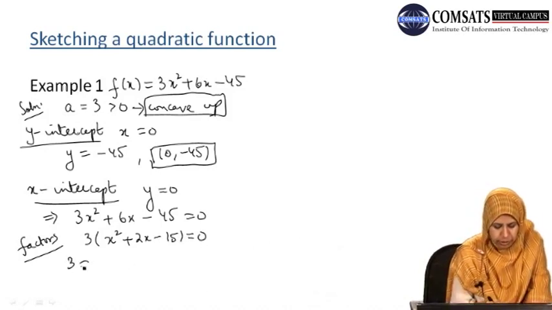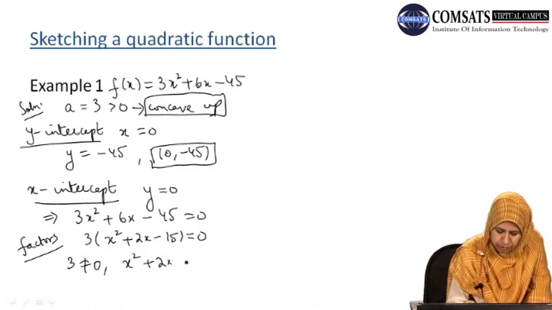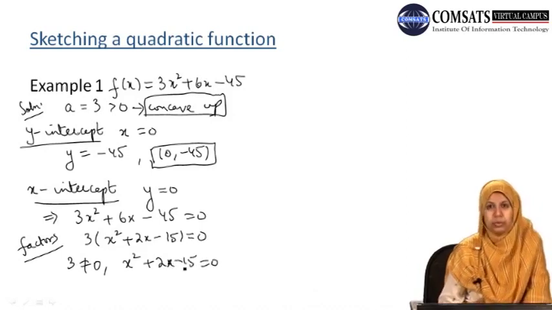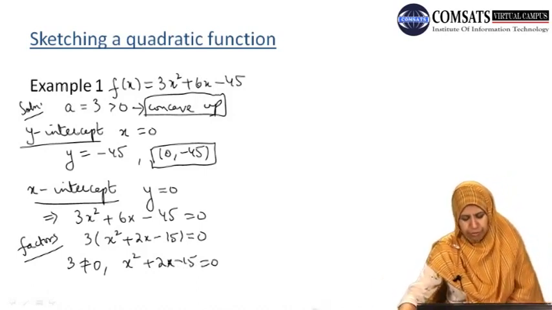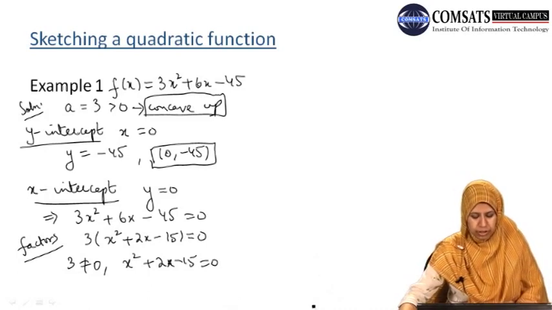Definitely 3 cannot be equal to 0, so our equation reduces to x square plus 2x minus 15 equals 0, and we have to find the roots of this new equation.